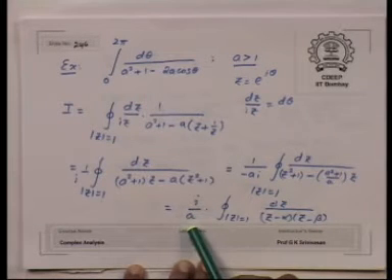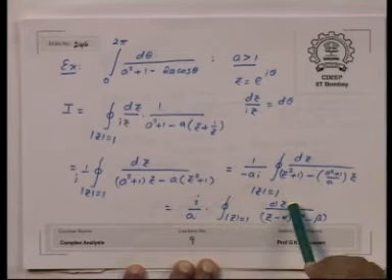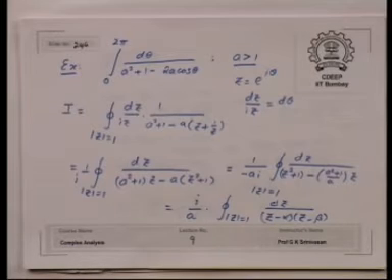So, it is 1 over i upon a into integral dz upon (z minus alpha) into (z minus beta). Once again alpha times beta is 1. Once again you have to check that alpha and beta do not lie on the unit circle, right.